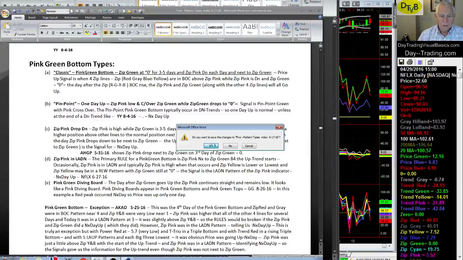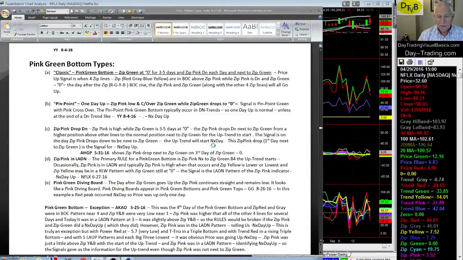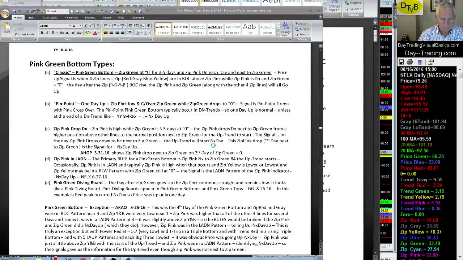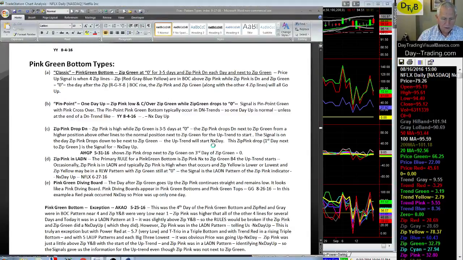And these are marked on this pattern by the vertical lines.